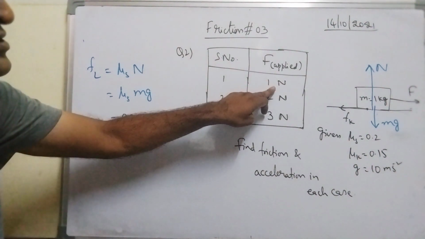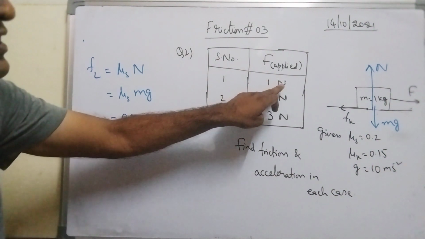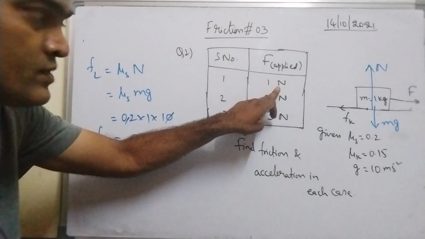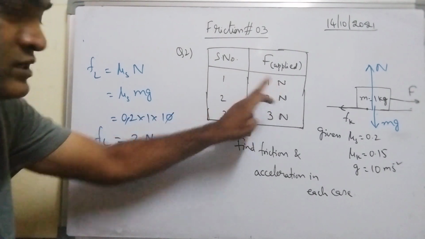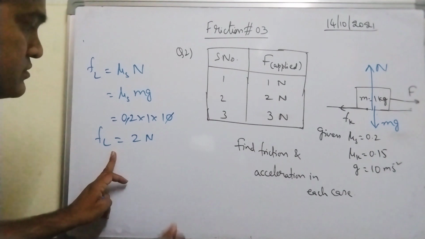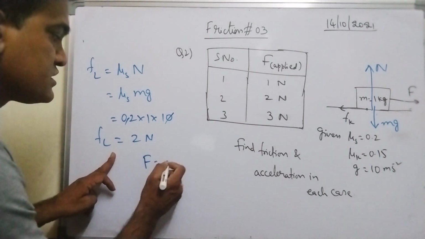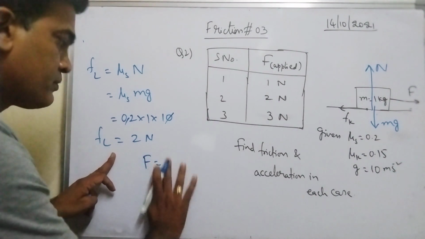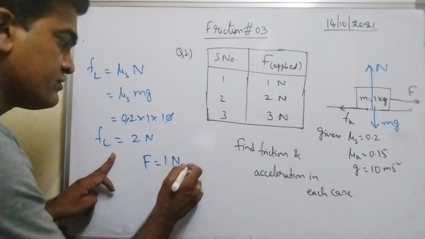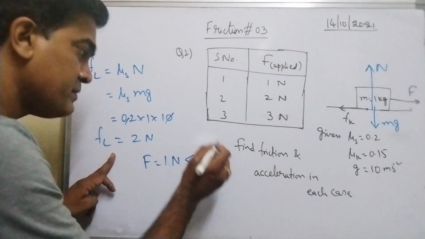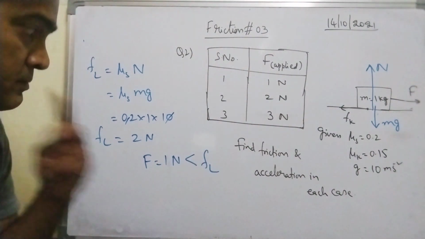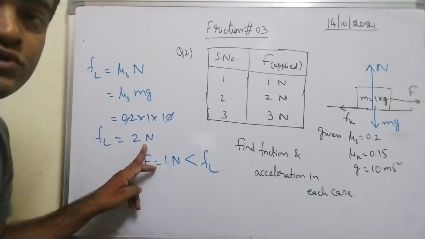Now in the first case, how much force have I applied? I have applied a force of 1 Newton, but limiting friction is 2 Newton. Applied force is equal to 1 Newton, which is less than limiting friction, because limiting friction, what I got, is 2 Newton.